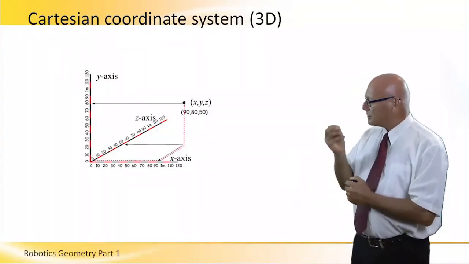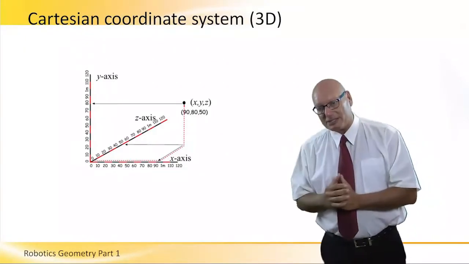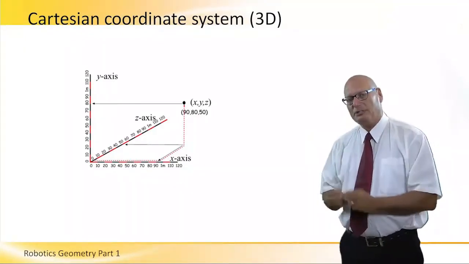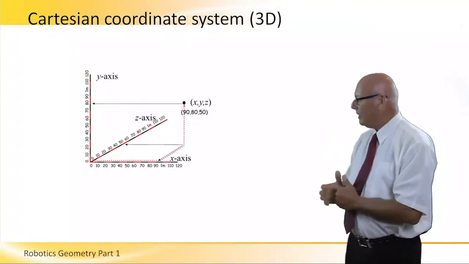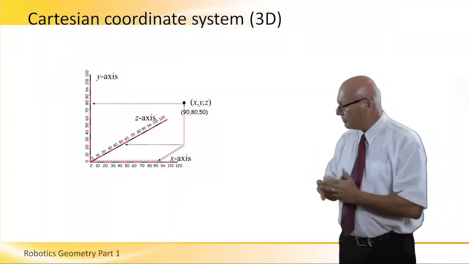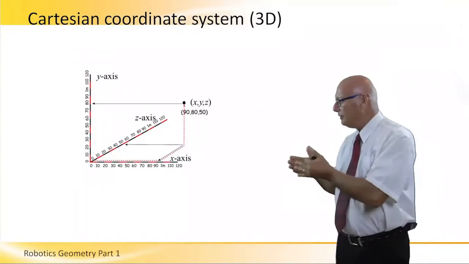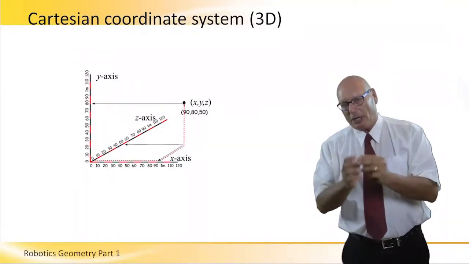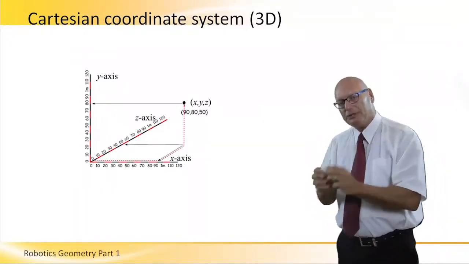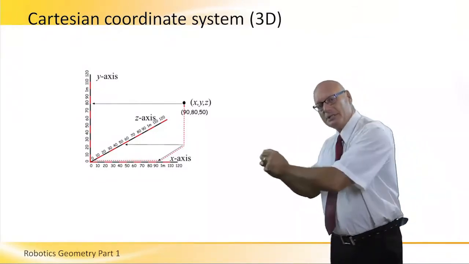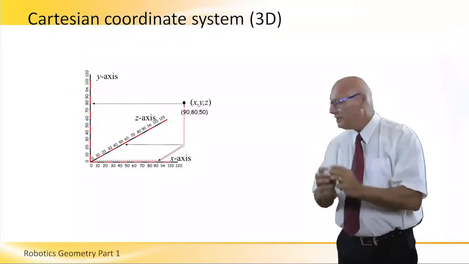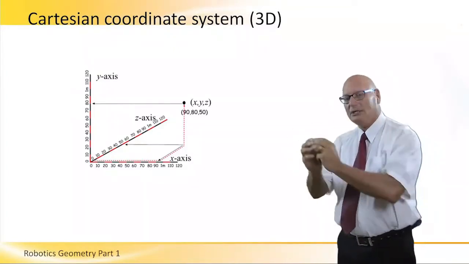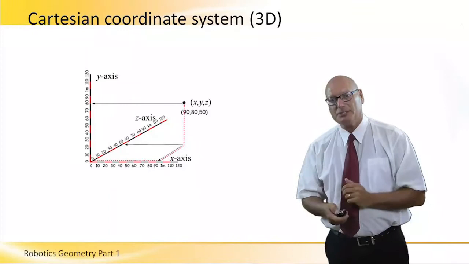If we want to express a point in space, we should express it in these three items, x, y, and z. In this particular case, it is 90, 80, 50. We always start from left to right, x, y, z, meaning x is 90, y is 80, z is 50. That's in 3D.